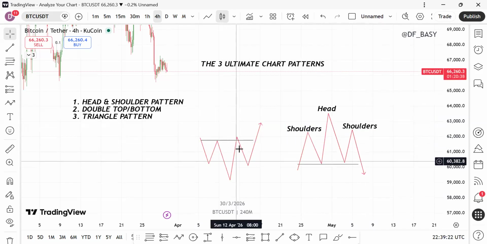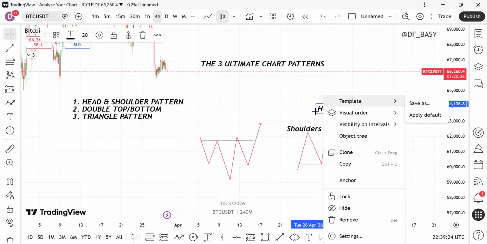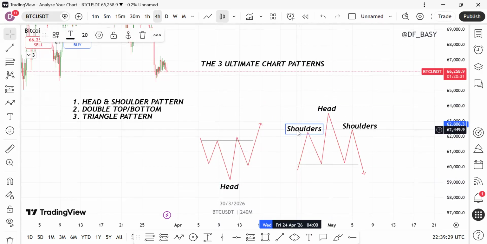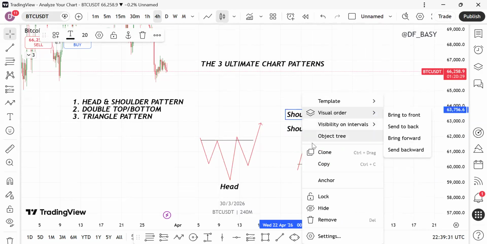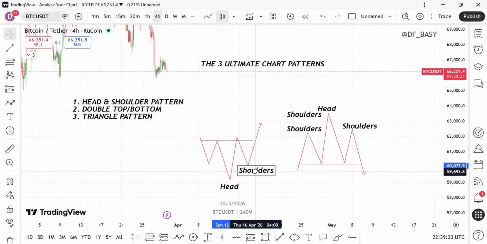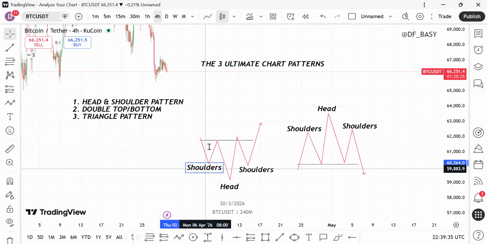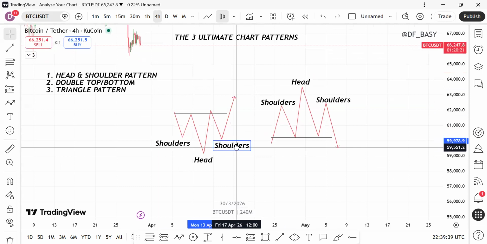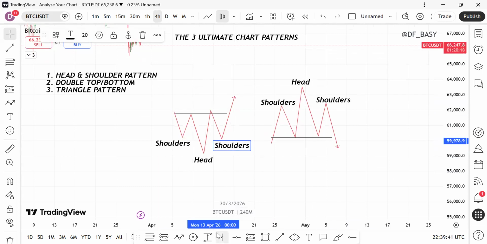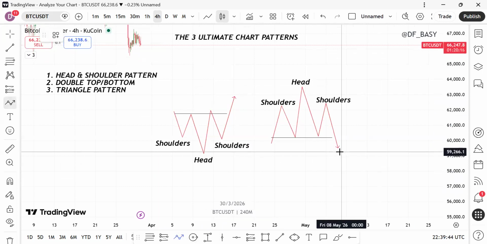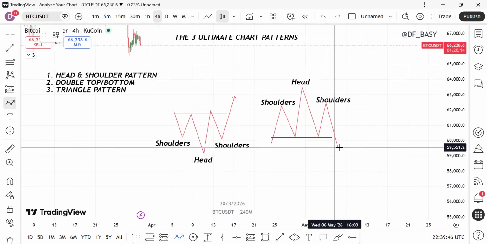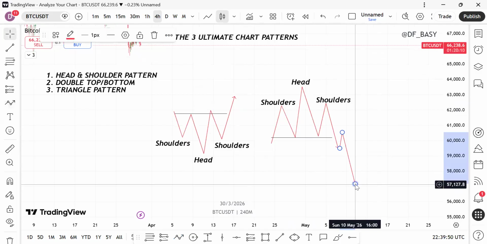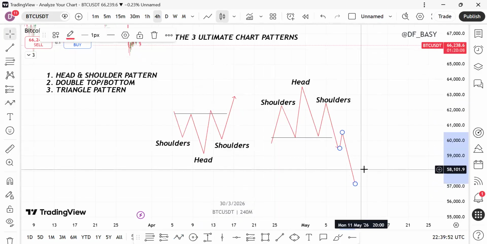Now this is the inverse head and shoulder pattern, where you have the head here and two shoulders. What people wait for basically is the break of the neckline. Most people wait for the retest of the neckline, then they sell in that scenario.